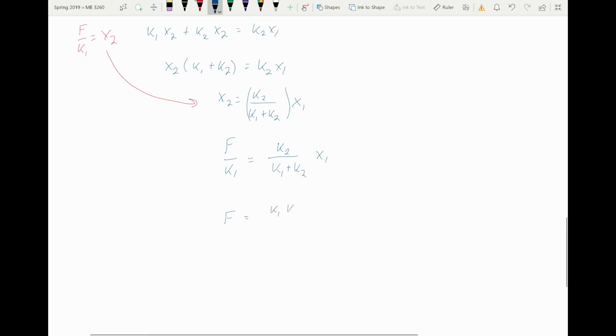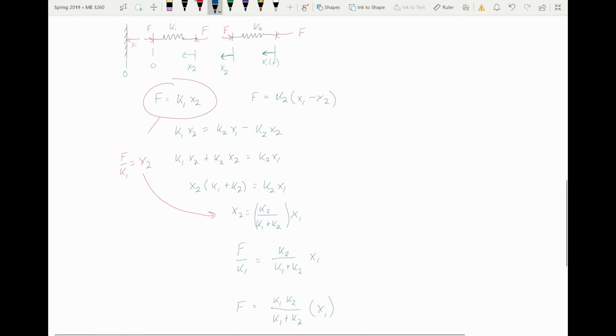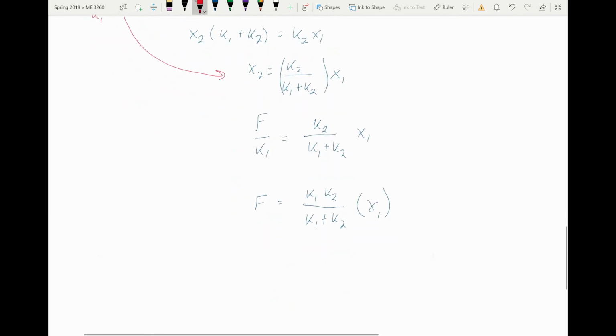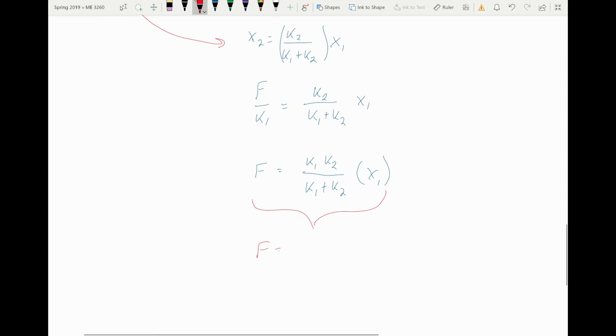So force divided by K1 equals X2. We can plug that in. So now we get force over K1 equals K2 divided by K1 plus K2 multiplied by X1.